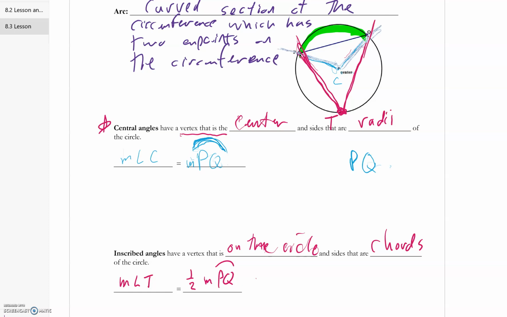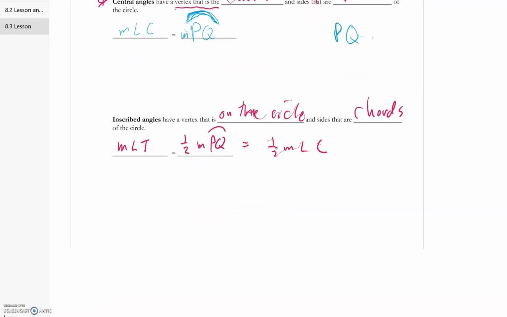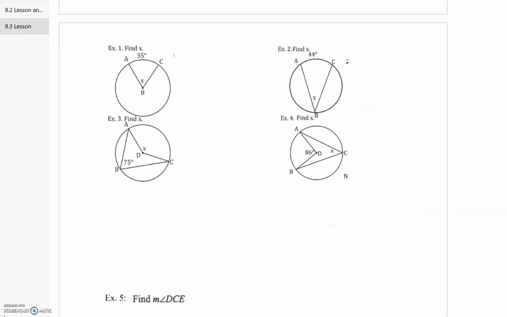So it also happens to be half of the measure of angle C. You can almost kind of see this: this angle in here is half of this angle in here. So don't get those confused. They're not equal, one's definitely smaller. You can tell that the red angle is smaller than the blue angle.